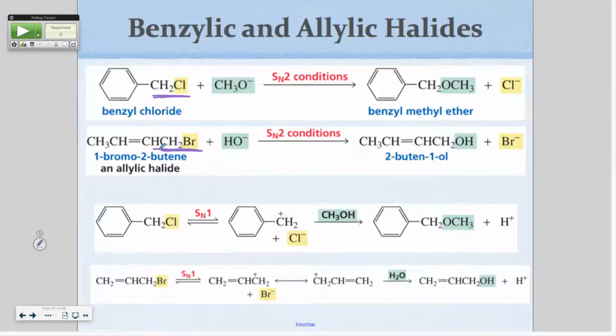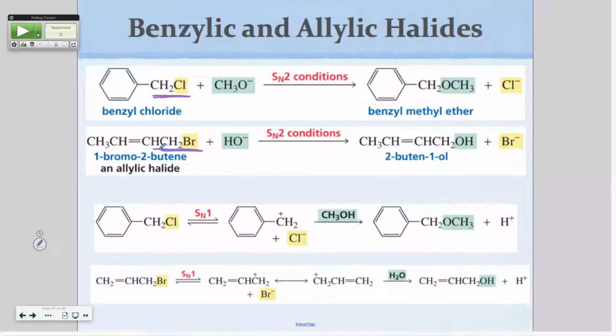This is an allylic halide. Okay, you can get either SN1 or SN2 depending on your conditions. The conditions for SN2 would involve a strong nucleophile and a polar aprotic solvent. Okay, like DMF, DMSO, or acetone. Oh, acetonitrile, I gave you that one too.